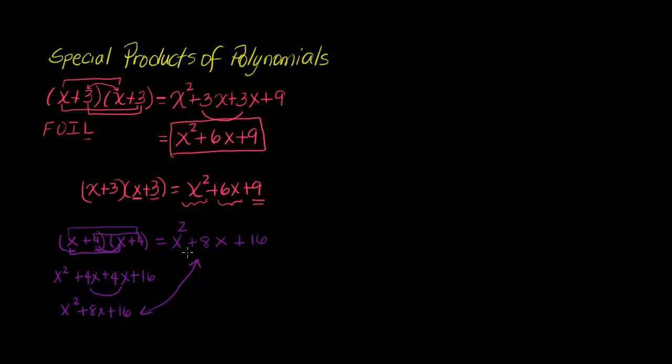Now, this shortcut only works when we have twins. And by twins, I mean the same exact binomial. It only works when I have a product of the same exact binomial. Then I can use this shortcut. And again, this would be x squared.